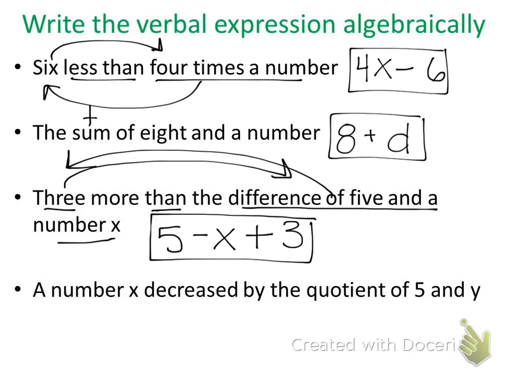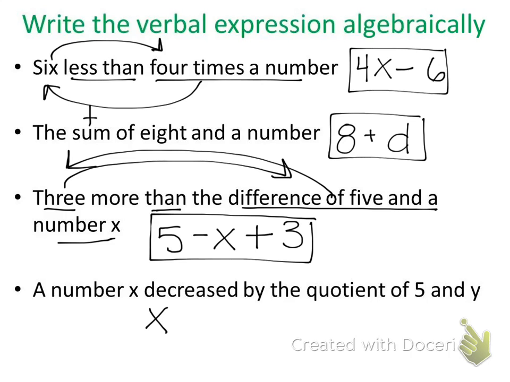And then the fourth part of this says a number x decreased by the quotient of 5 and y. Look for any turnaround words. Do you see any turnaround words? No? So I can write it exactly how it reads. A number x. Well, they told me what variable to use, so I'm going to use x. Decreased by.